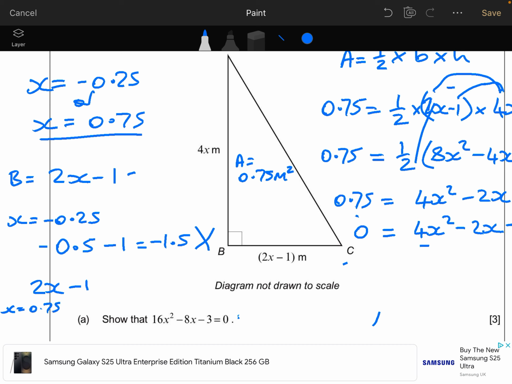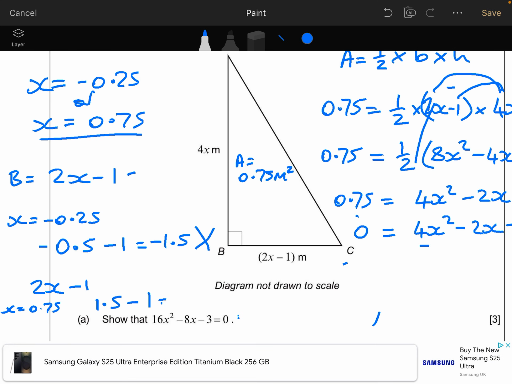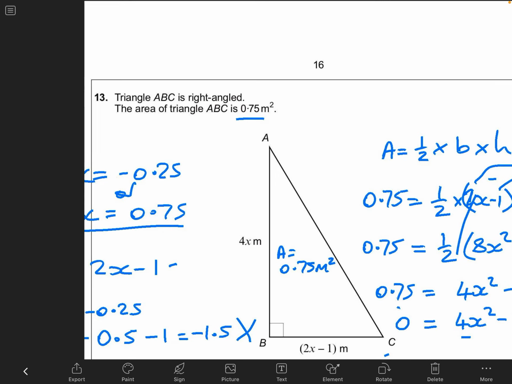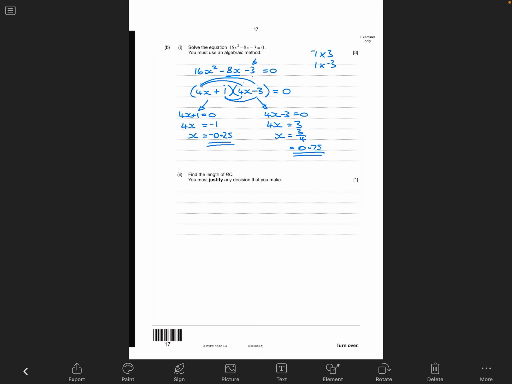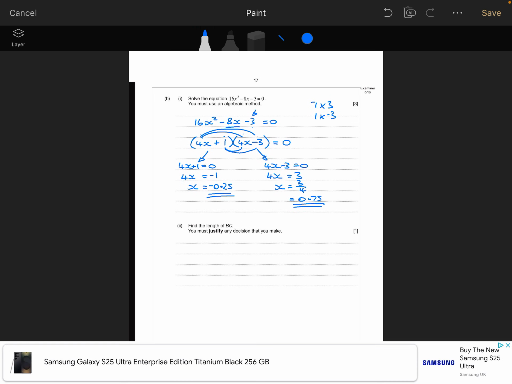No, I was correct. 2 times 0.75 is 1.5. Take away 1 will give me 0.5 meters, and that is the length of BC. I do apologise, I got a little bit confused with that one. So the answer for that is 0.5 meters.